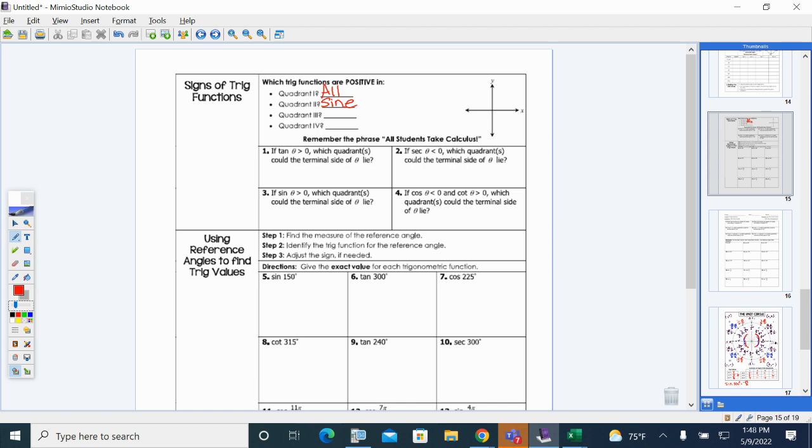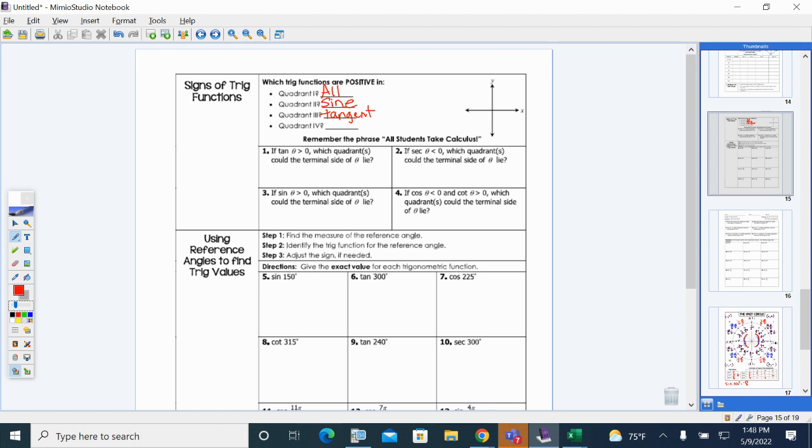But tangent is not. Tangent is not positive because we got a positive and a negative. When we divide, we get negative. In quadrant 3, remember that your x is negative and your y is negative. So the cosine is negative, the sine is negative. But in this one, tangent is going to be positive because we divide a negative by a negative.